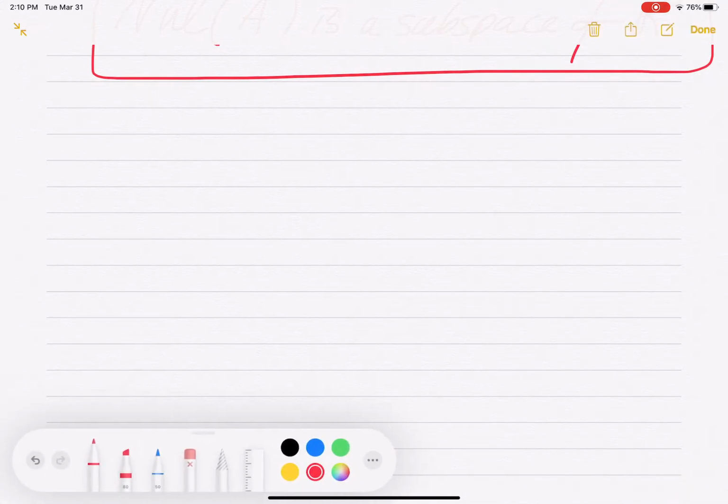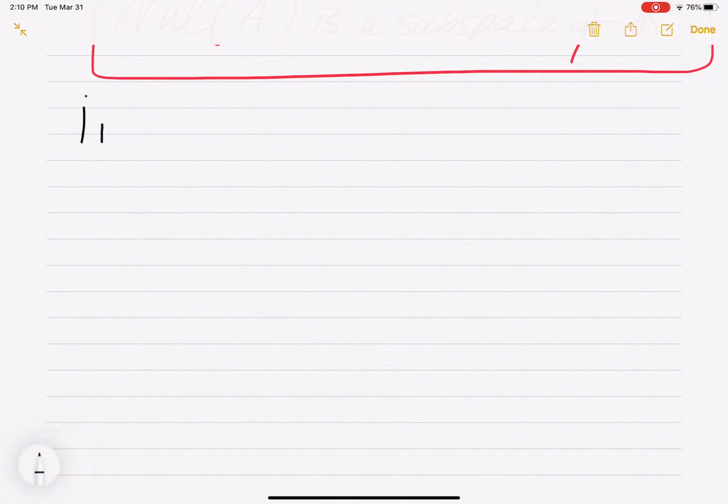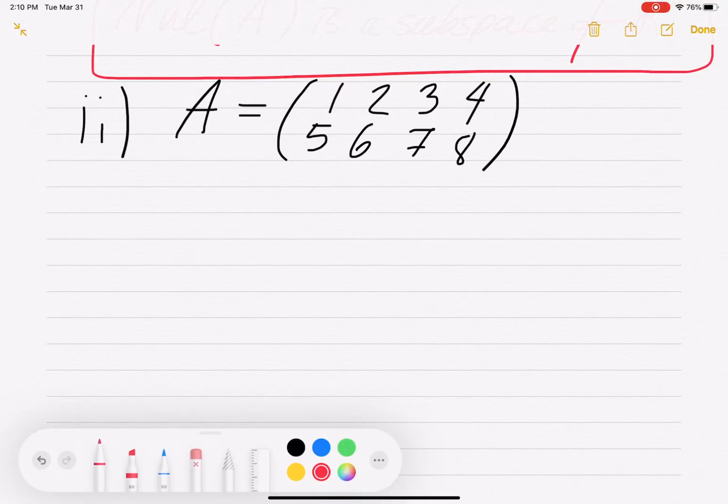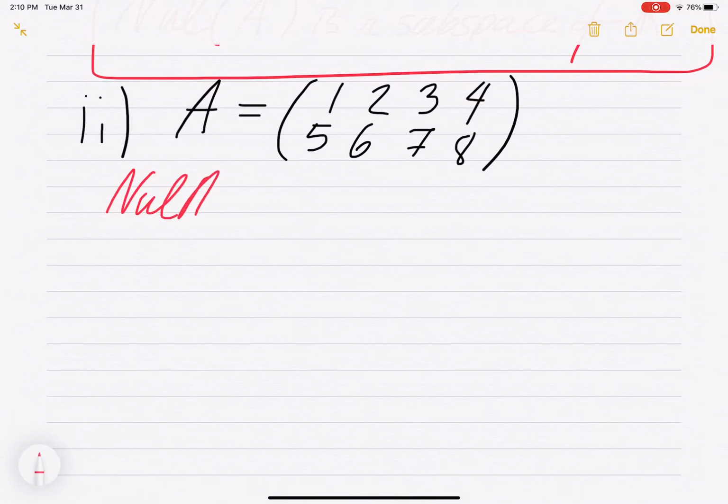Let's just do another quick example. Let's say I've got a matrix A here, and I want to figure out for what n is the null space a subspace of Rn.